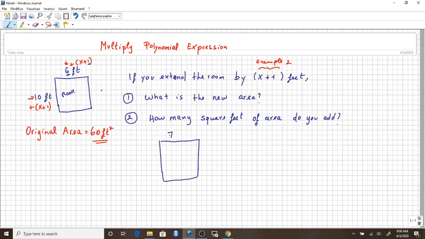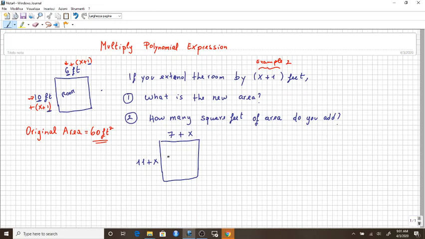So we end up with 7, because 6 plus 1 is 7, and then x, we can do nothing with that, so we keep it. And what's 10 plus x plus 1? Well, we can combine 10 with 1 to end up with 11 plus x.